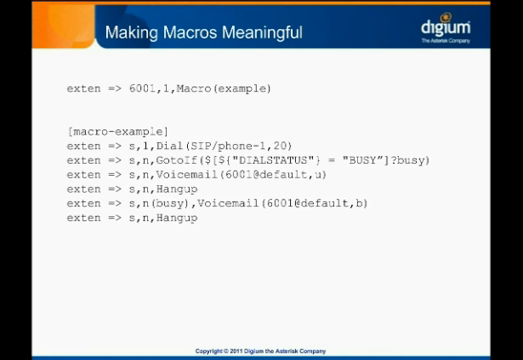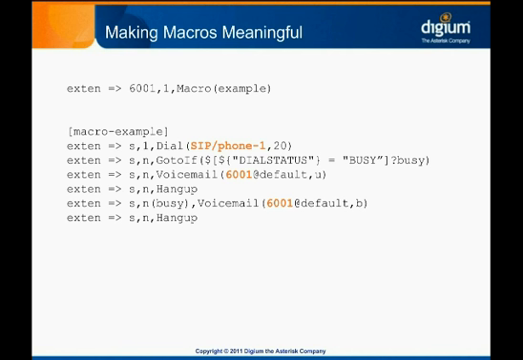The macro example we've built so far is only half complete. It's functional and it demonstrates how macros work, but it doesn't really simplify the Dialplan any because it's hard-coded to dial the phone that was originally configured at extension 6001. To make macros really powerful, we need them to be able to apply to multiple users. This means that the macro should not be hard-coded to a device name or mailbox.